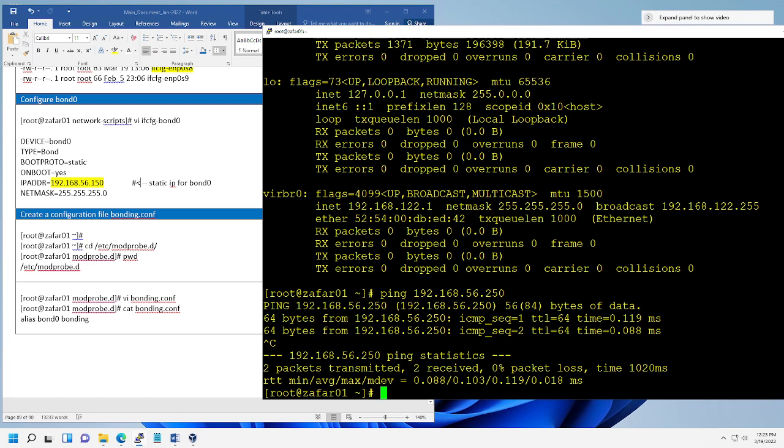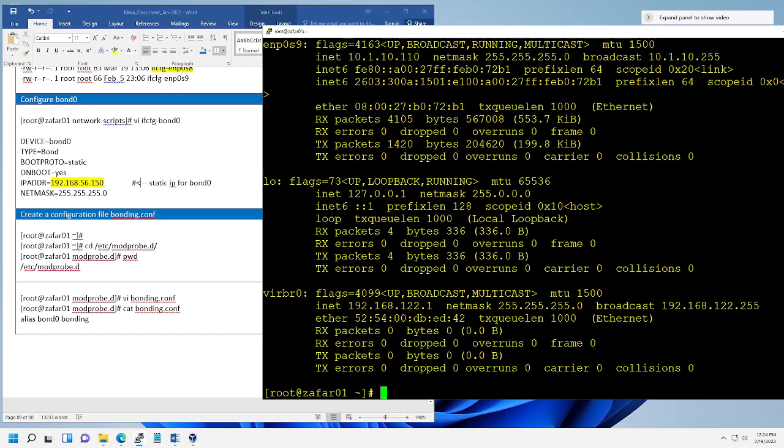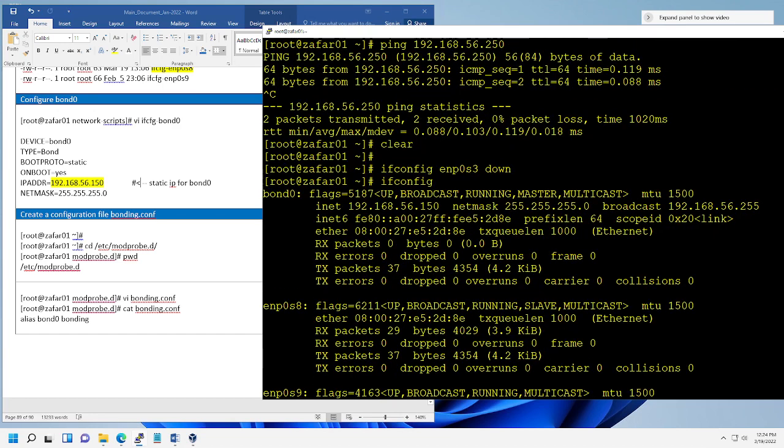So what I'm going to do is run this command. Clear. I'm going to say ifconfig, and I'm going to say the configuration network adapter, down. Okay. And then I'm going to say ifconfig.